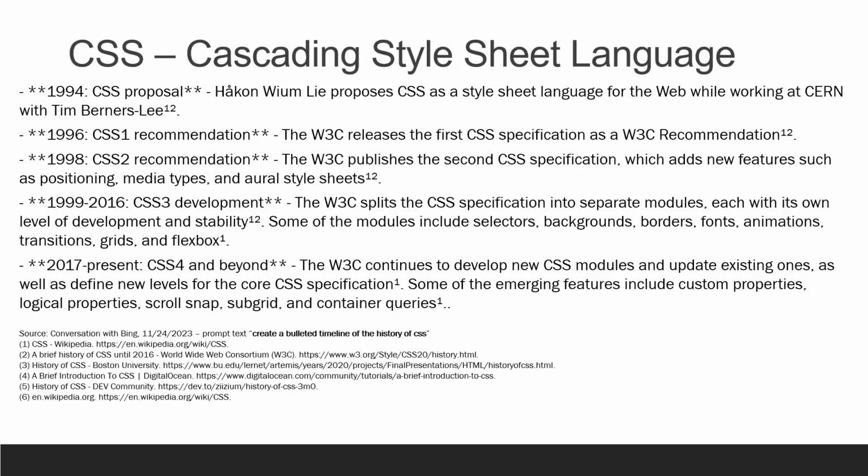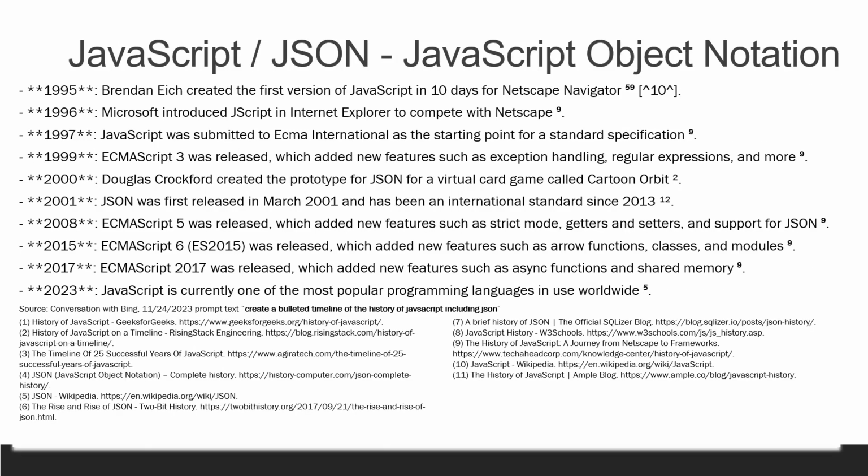Our next technology is JavaScript. Here again, with the birth of the internet, the web, and the web browser, the core 3 technologies are HTML, CSS, and JavaScript. But JavaScript has grown beyond the boundary of just web browser-based scripting.